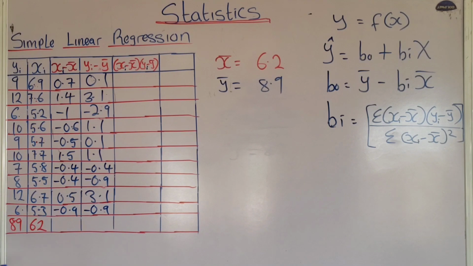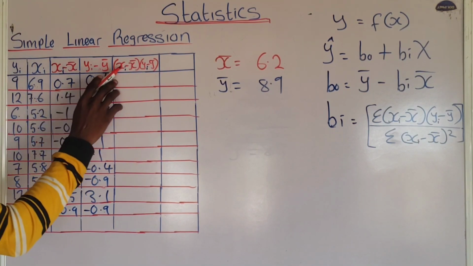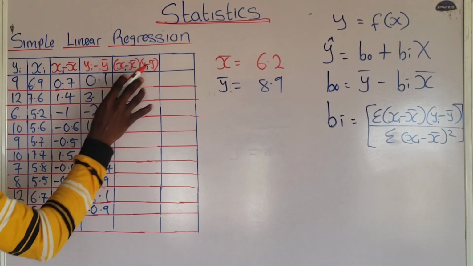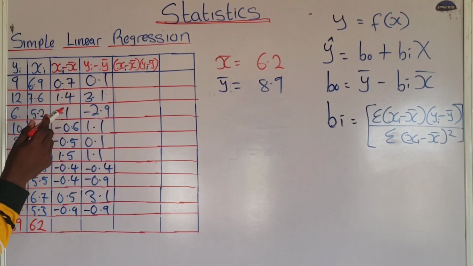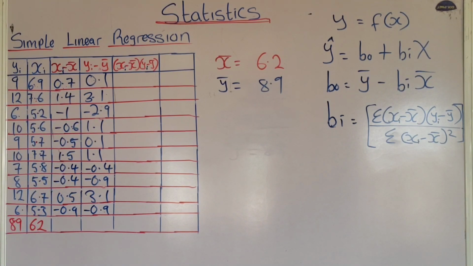Now, let us start with the first column. For the first column, we're going to have this multiplied by this. x minus x bar for this is what? 0.7. And y minus y bar is what? 0.1. So I'm going to have 0.7 multiplied by 0.1, that will give us 0.07.